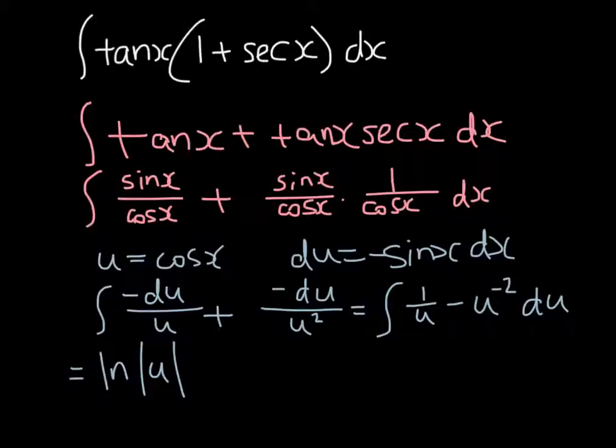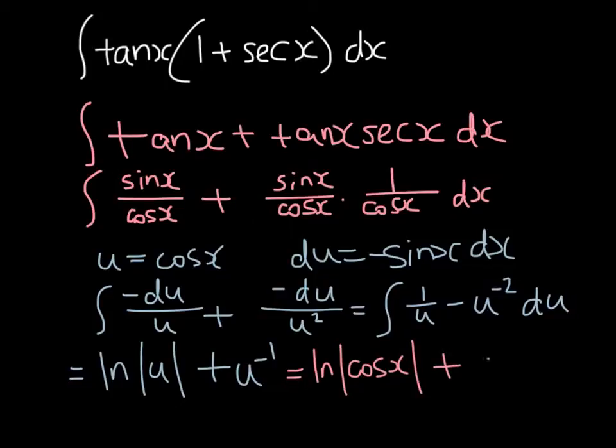That becomes plus u to the negative 1. And so now we can just put it back in terms of x, and we end up with the ln of the absolute value of cosine x plus 1 over cosine x, or secant x.